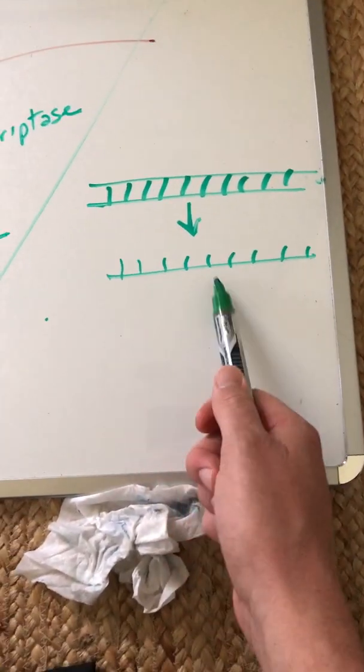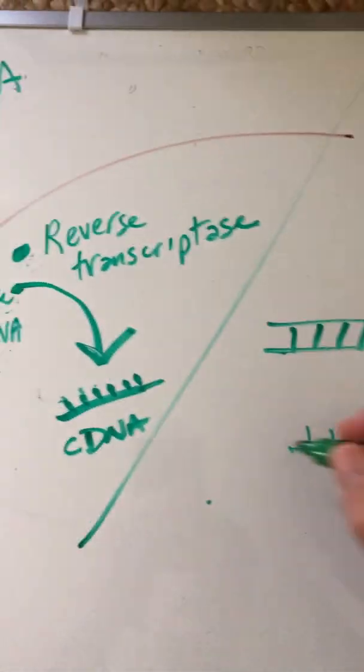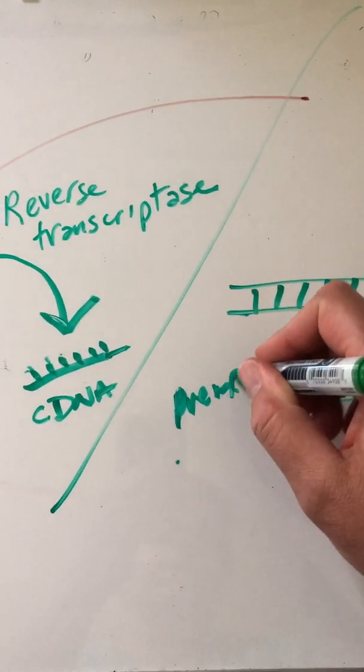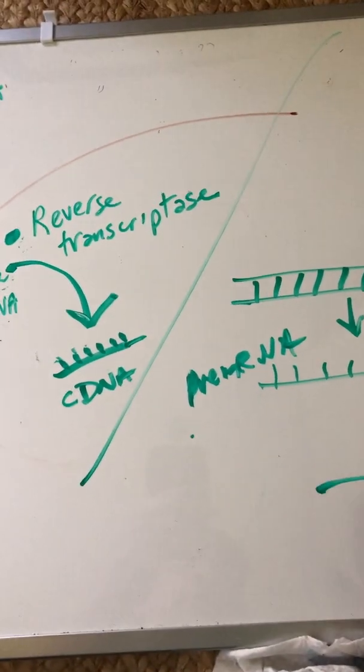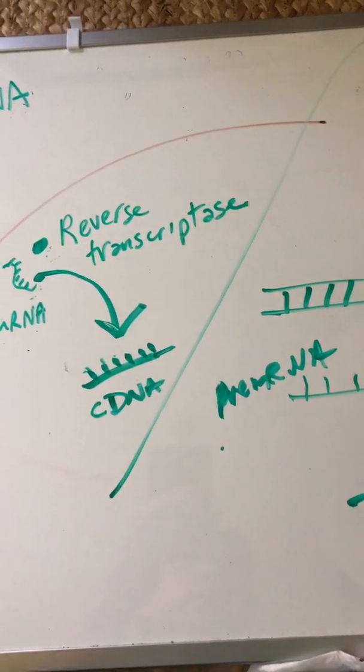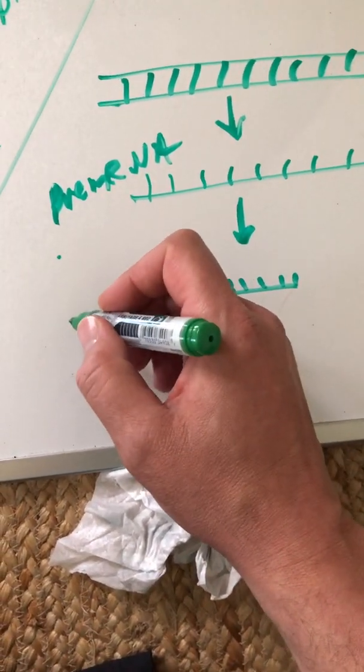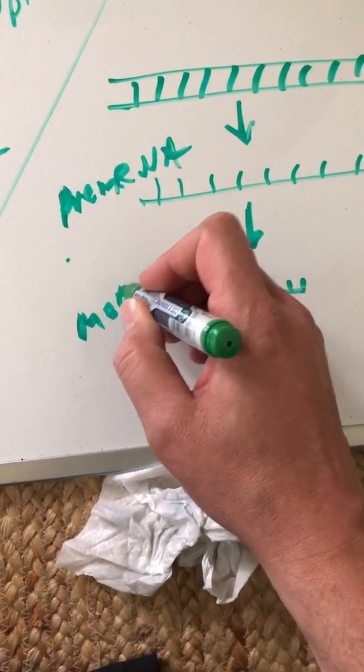That would be exactly the same length as the gene, right? And then if we took out the introns, the mature mRNA would look like this, right? So here's the mature mRNA.